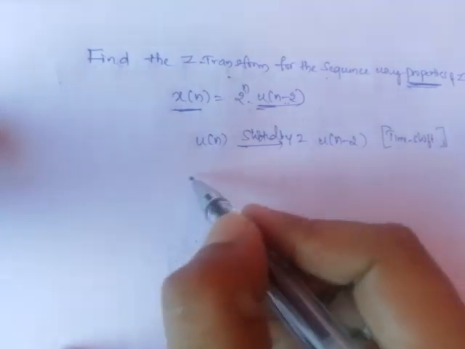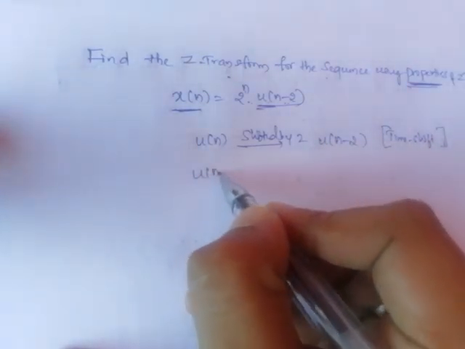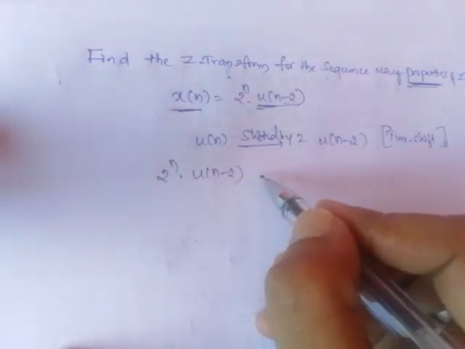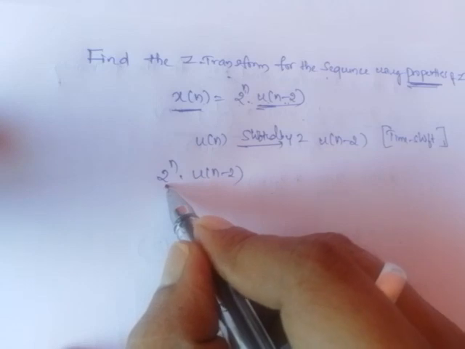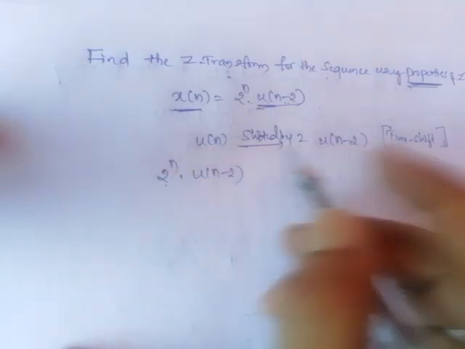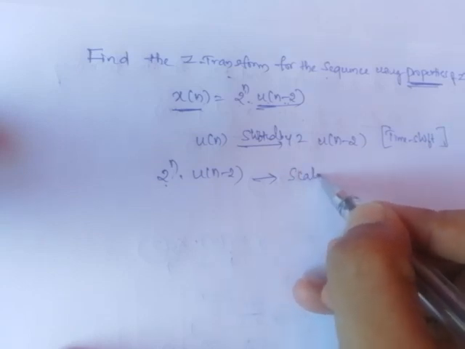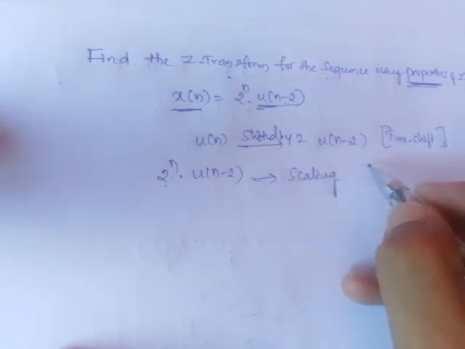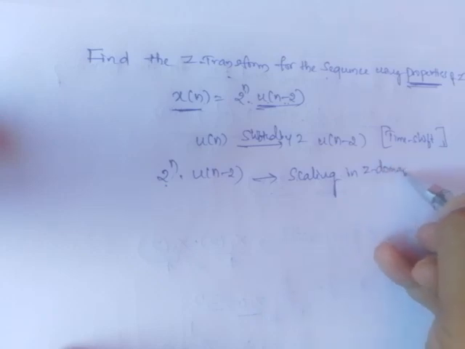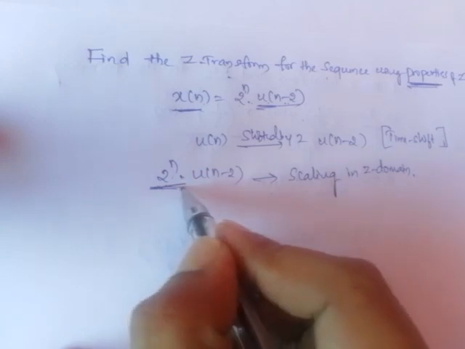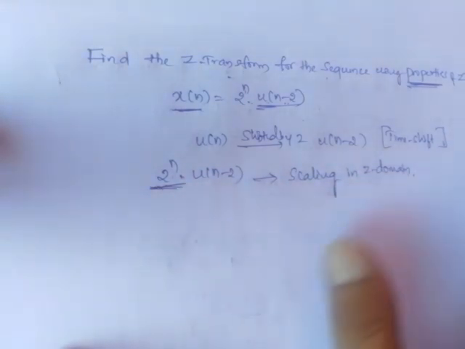Next, after shifting, we multiply by 2 to the power n, that is multiplication by an exponential sequence, or we can call it scaling in Z domain.